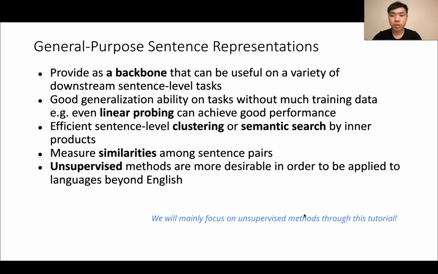And also, if you have an unsupervised method that can train a sentence encoder, that will be very desirable because we can apply it to all the languages, not only English. So we can train a good sentence encoder even without any parallel data. In the following of this tutorial, I will mainly focus on unsupervised methods instead of supervised methods.